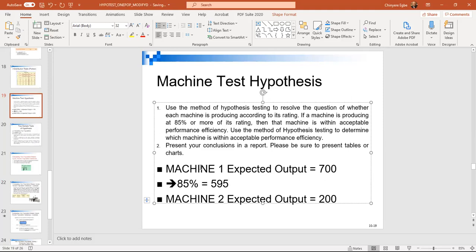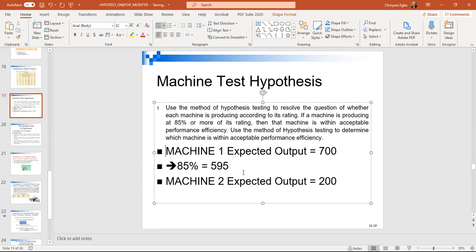All right. The same way for machine number two, 85% will be equal to 170 units.